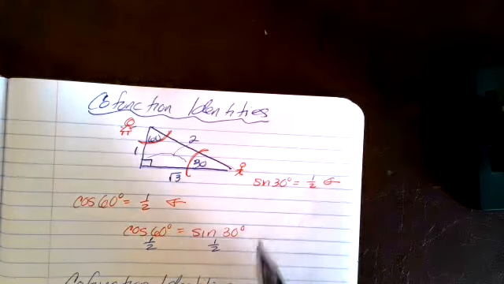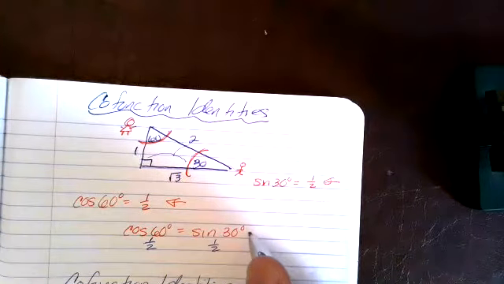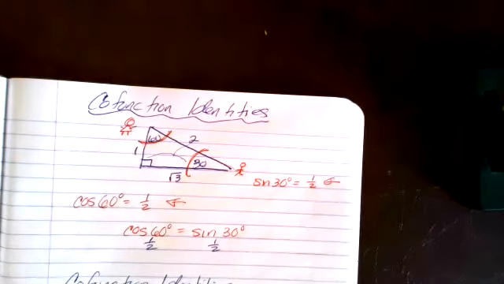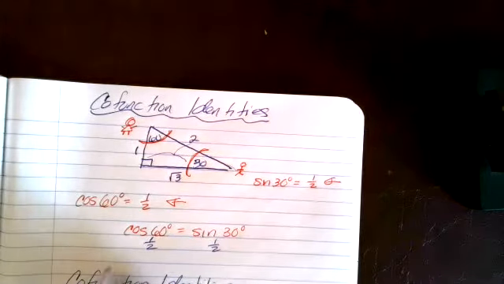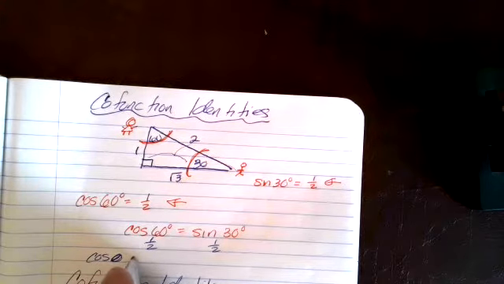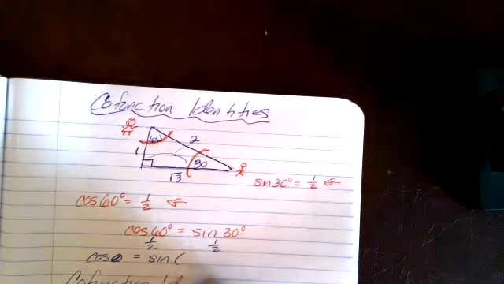So if I wanted to write that as a formula or as an identity, instead of writing 60 degrees and 30 degrees, I would have to use theta. So let's just say I wrote cosine of theta is equal to sine of what?